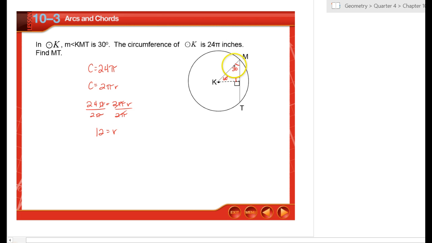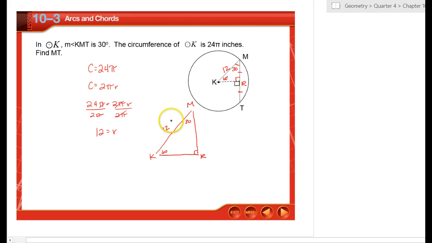Well, in this diagram, the only radius that's drawn is KM. So that is 12. I'm going to pull this triangle out. Okay. And I want to know MT, which means I'll just put R here. I need to find MR, and it's going to be twice MR because it's bisecting that chord. This is 30, this is 60, 90, and this is 12.